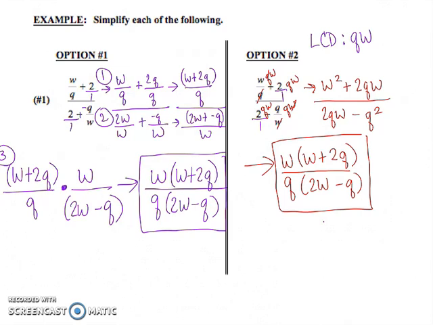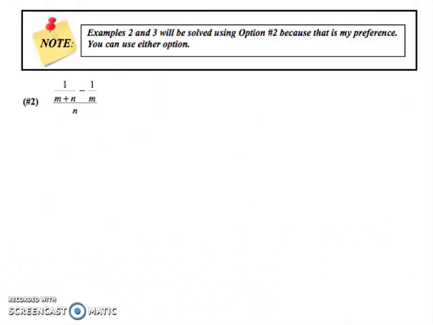All right, so let's try the next example, example number 2. I'm going to do this one using option 2. So I'm looking for what is the LCD for this expression. I need to look at all of my denominators at the same time to determine this. This denominator is m plus n.